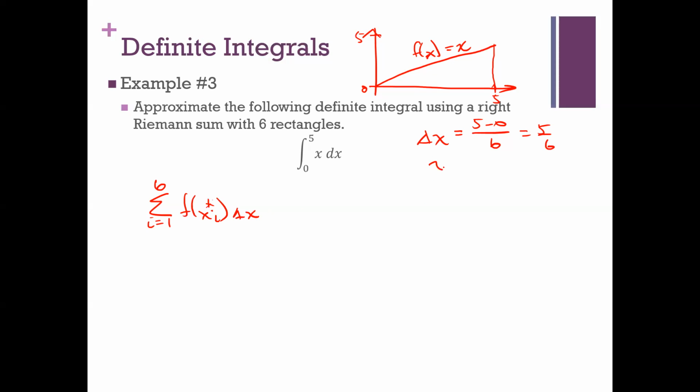Let's do this first. How do I find x sub 1 or x sub 2? I want to write the Riemann sum, so what's my first x value going to be? Not 0, because that would be if I was using the left endpoints. So here's my first rectangle.